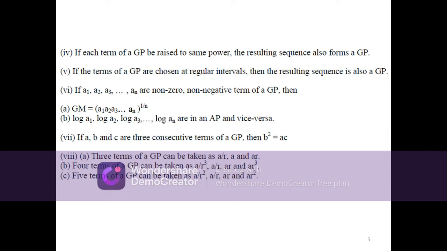If a1, a2, a3, ..., an are non-zero, non-negative terms of a geometric progression, then the geometric mean is given by the nth root of the product of a1, a2, a3, ..., an.